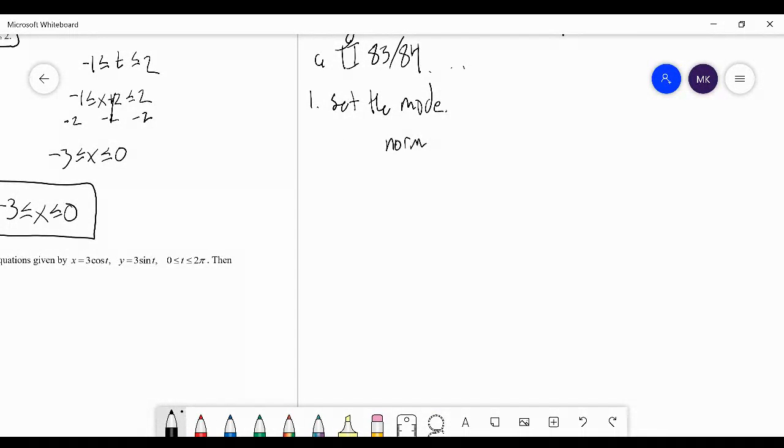So it's normal, float, radian, func, and then this is the line that we're concerned with. And we have par, pol, seq. So these are the 4 types of function modes that your calculator can deal with.